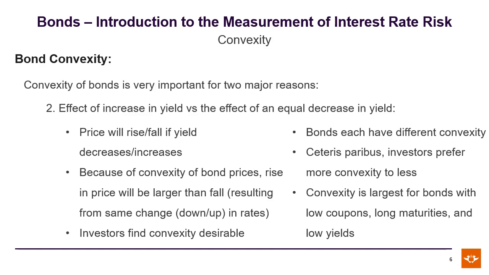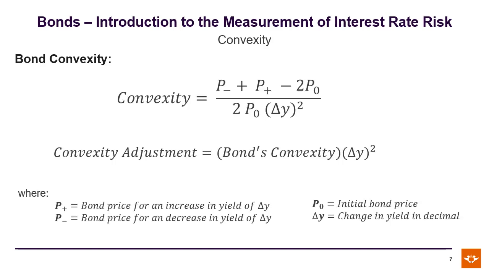So here we have the formula for convexity, and it reminds us of the formula for effective duration. Below that we have the convexity adjustment, and please remember that the convexity adjustment is always positive.